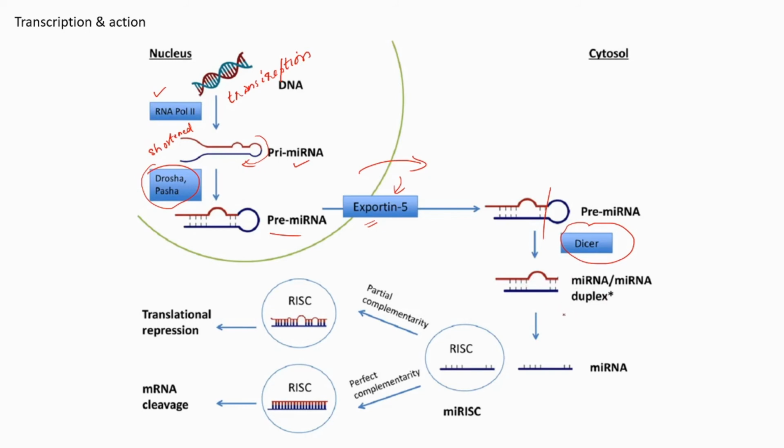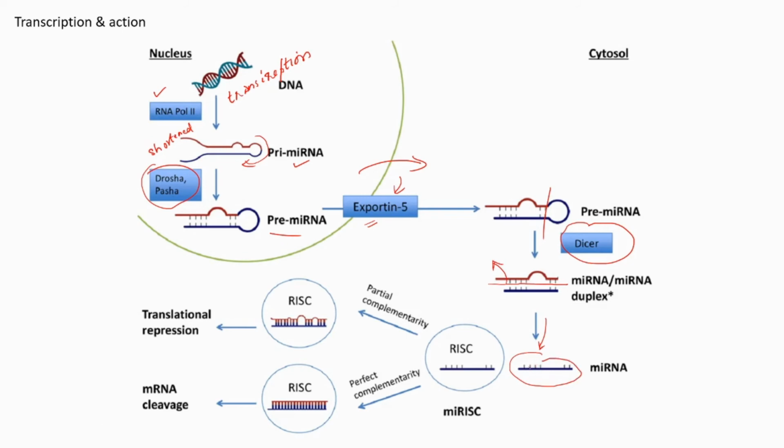I will show you in a video. For now, just understand that another protein comes and acts on this duplex, breaks the hydrogen bonds, unwinds the two strands, releases one strand, and frees a single stranded miRNA.